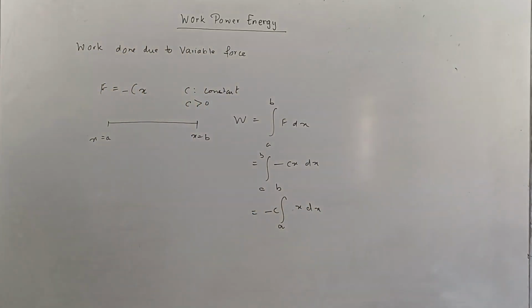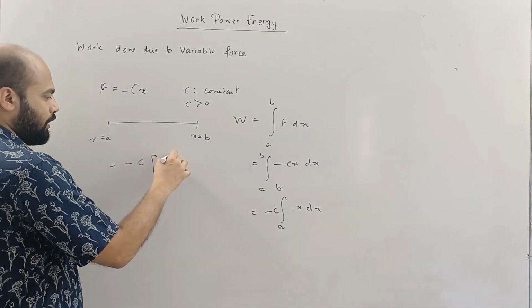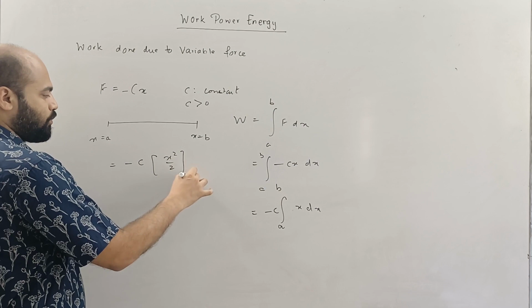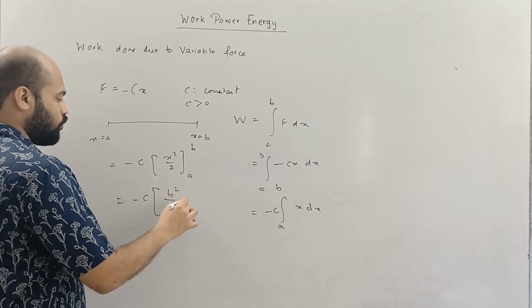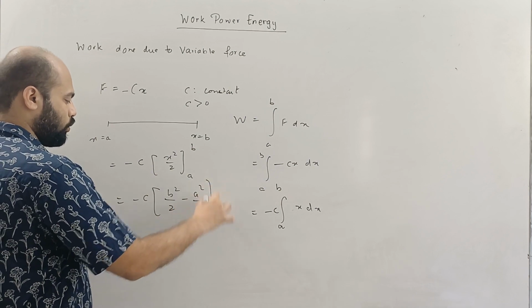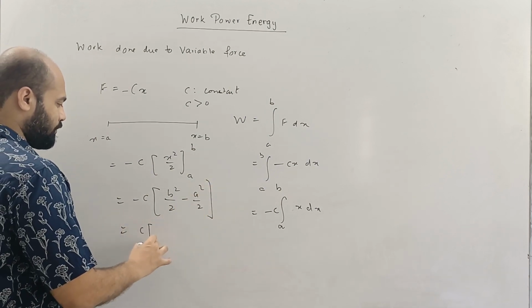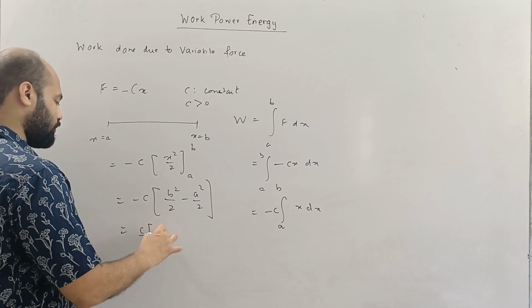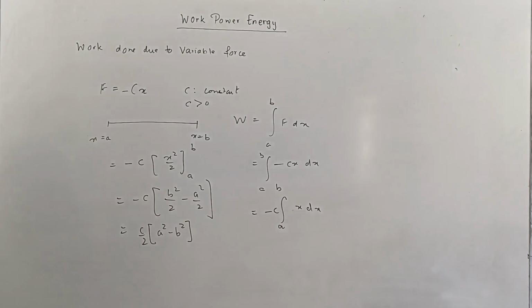Now after integrating, obviously I'm going to get minus C times x square by 2, and let's put the limits. So I'm going to get b square by 2 minus a square by 2. So I can finally write the expression as C by 2 times (a square minus b square). That is the expression for the work done.